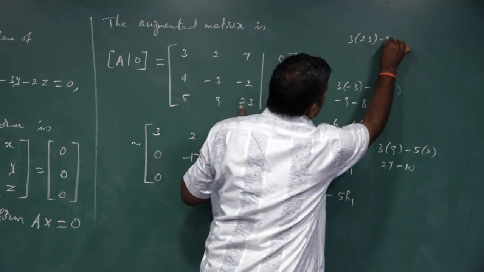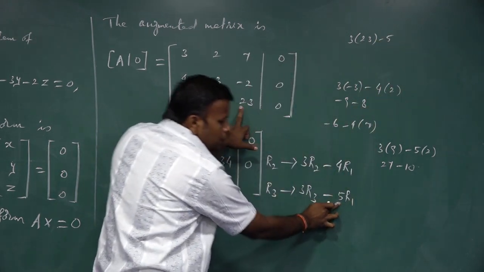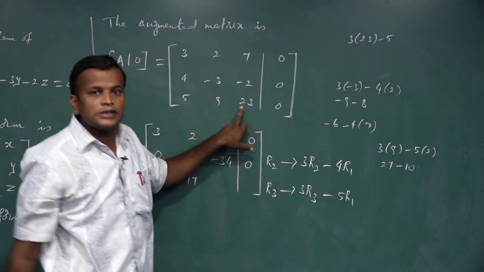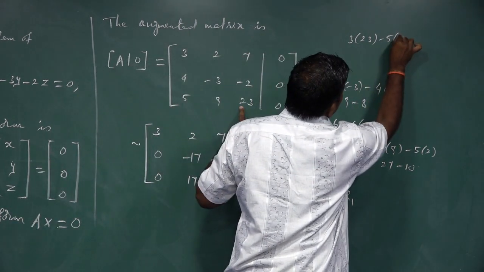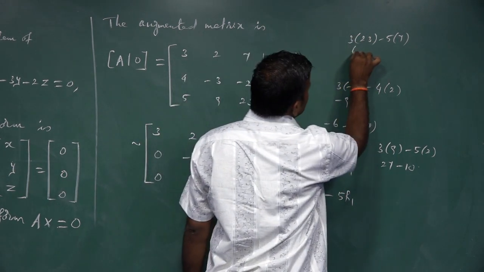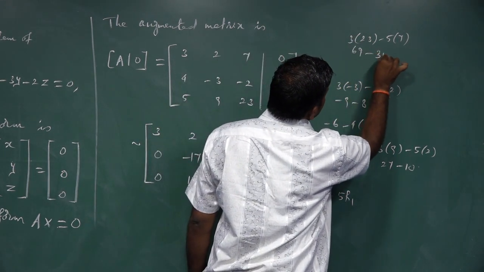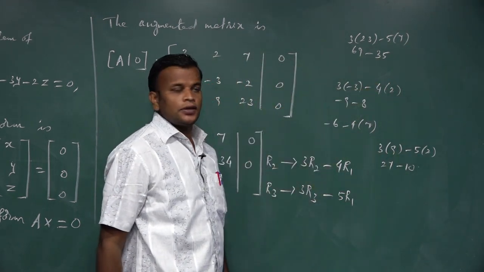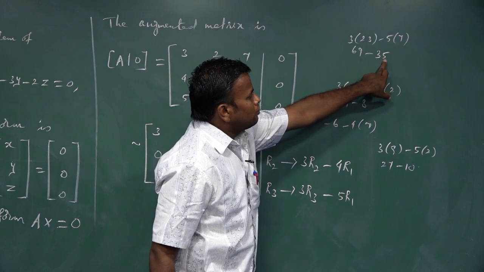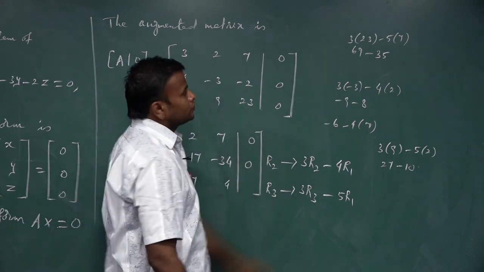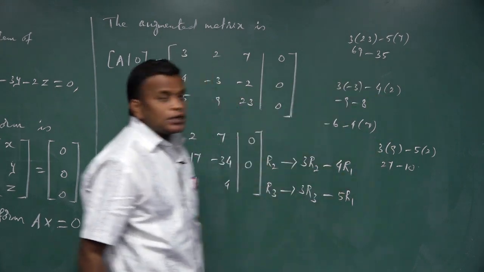Minus 5 times the corresponding element of R1, which is 7. 3 times 23 is 69, minus 35. We separate: 9 minus 5 is 4. 6 minus 3 is 3.